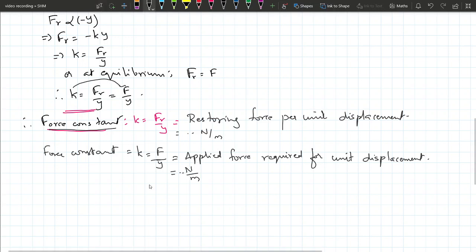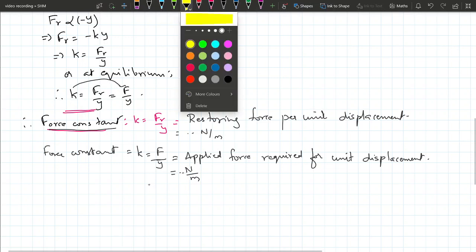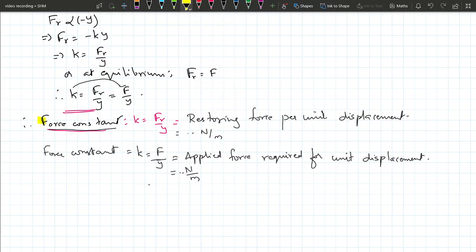So the force constant is defined as the restoring force per unit displacement.